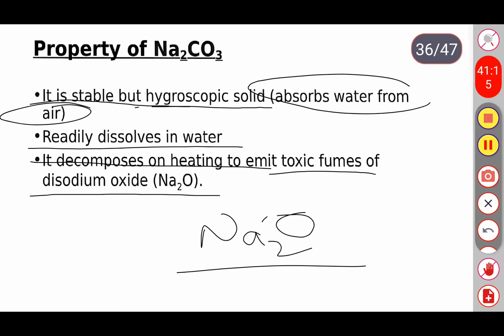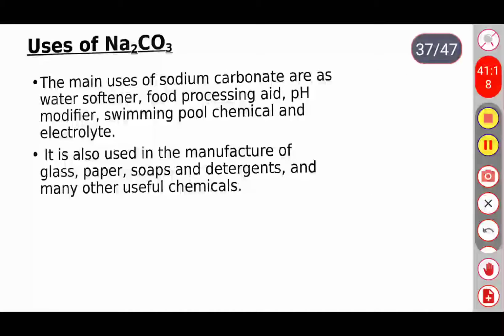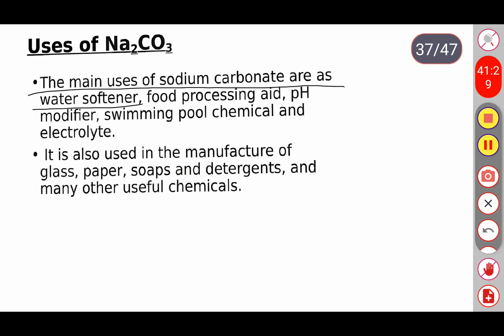So what are the uses of sodium carbonate? See here, the main uses of sodium carbonate are as a water softener, food processing aid, and it is also used as a pH moderator or modifier, in swimming pool chemicals, and in electrolytes. We use some kinds of chemicals in swimming pools, and one of those compounds is sodium carbonate.